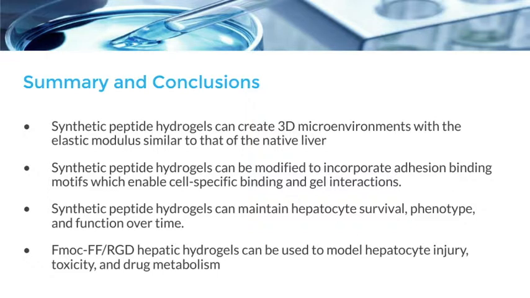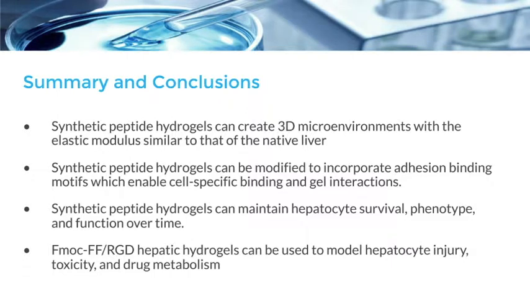And basically, using these synthetic peptide hydrogels, we're able to maintain hepatocyte survival, phenotype, and function over time, and we assess this with very specific and very challenging methods showing that they can maintain cytochrome P450 activity.